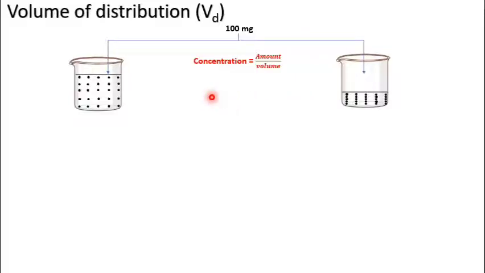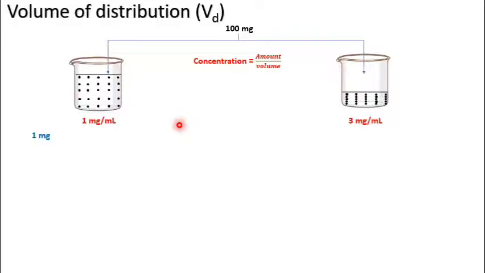Alright, suppose that we measured the concentration in the beaker on the left and we found it to be 1 milligram per milliliter, and in the beaker on the right it's 3 milligrams per milli.